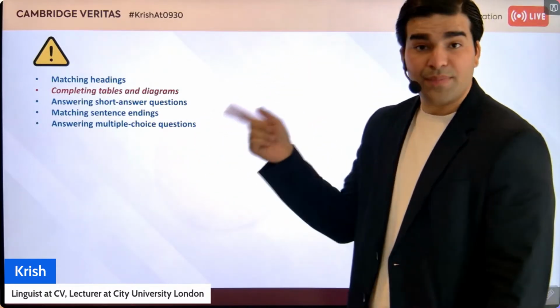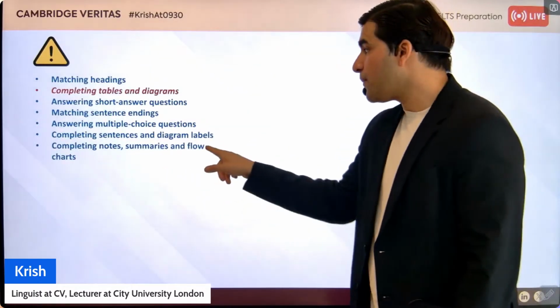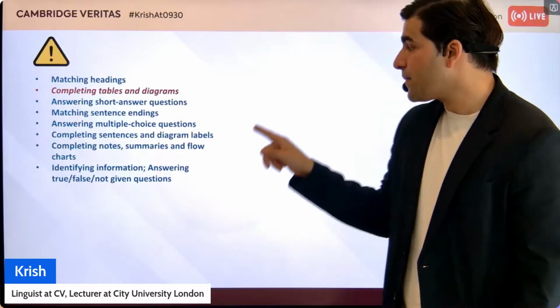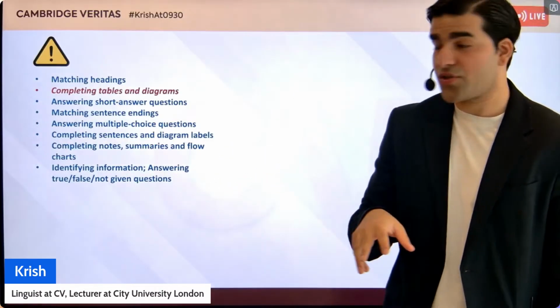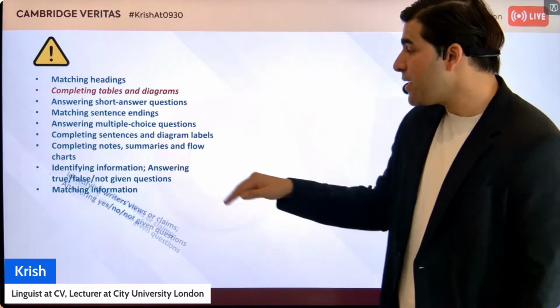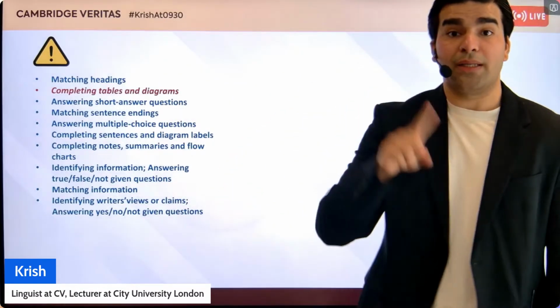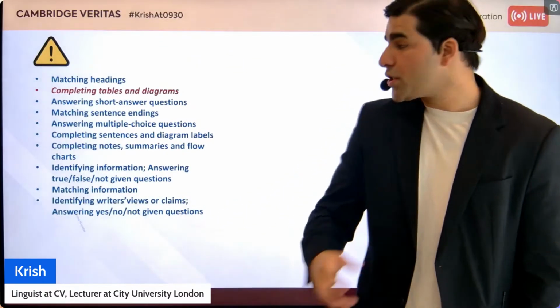Then there are MCQs, completing sentences and diagram labels, completing notes, summaries, and flowcharts, identifying information, answering true, false, not given questions, matching information, identifying writers' views or claims. Yes, no, not given. They are the most difficult for a lot of students.